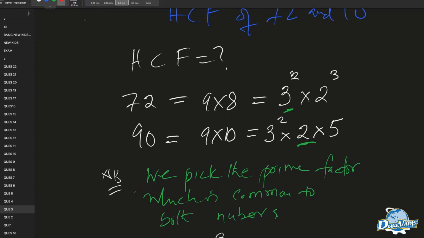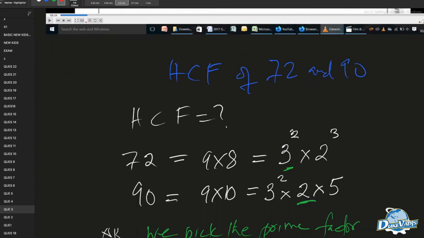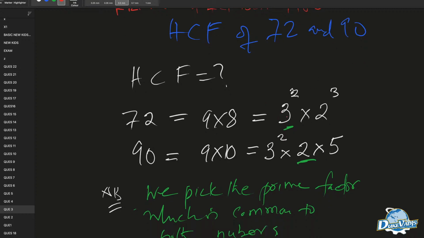So 72 is 9 times 8, which we broke down to 3 squared times 2 raised to the power 3, and 90 is 9 times 10, so 3 squared times 2 times 5.